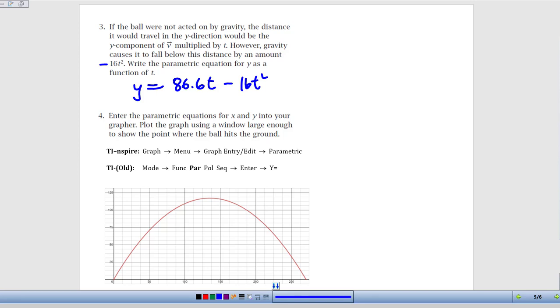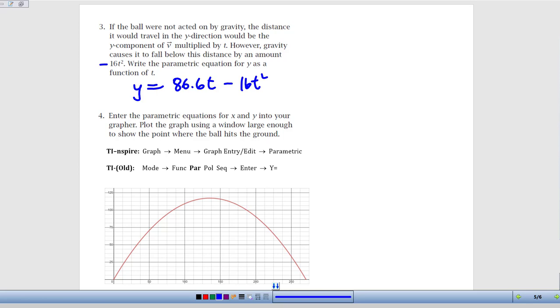Once we've got those two equations, we've got the x and y position of the ball tied to a particular time, the time since it's left the bat. And so we can actually graph these sets of parametric equations on our graphing calculators. Down below, I already have the graph of the equation.